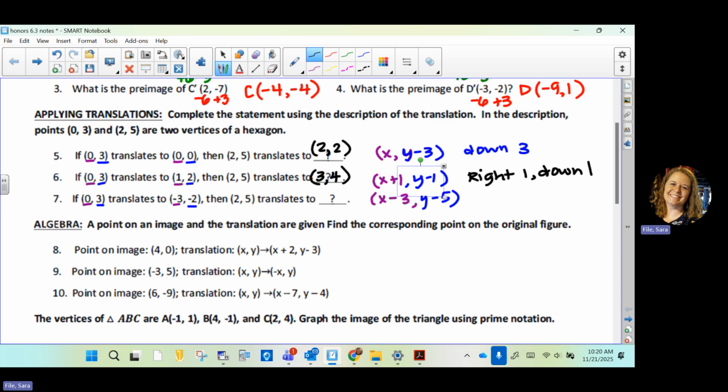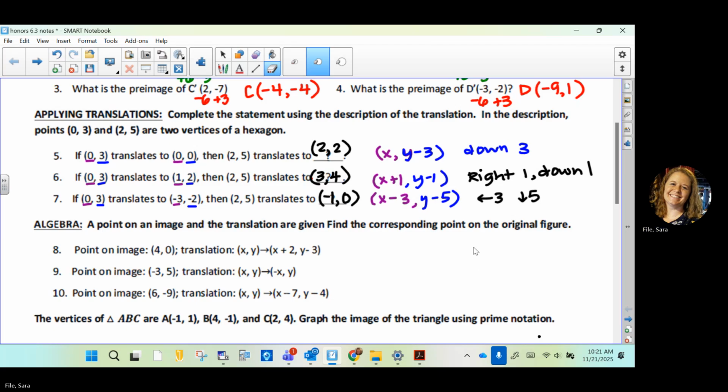So minus 3 from the x means left 3, minus 5 on the y means down 5. So you're fine to use arrows as well if you like that better. So this 2, 5, if I go left 3, I'm going to end up at negative 1. And then I start at 5 and I go down 5, I'm going to end up at 0 for the y.